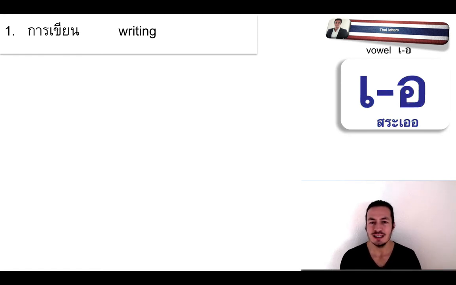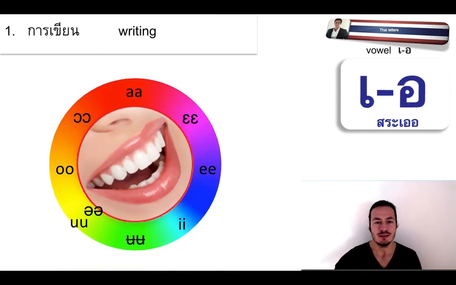But first let's see where this vowel is placed in the wheel of vowels that I introduced in one of the introduction videos. We have the wheel of vowels here, around which we can build all the different types of vowels there are.